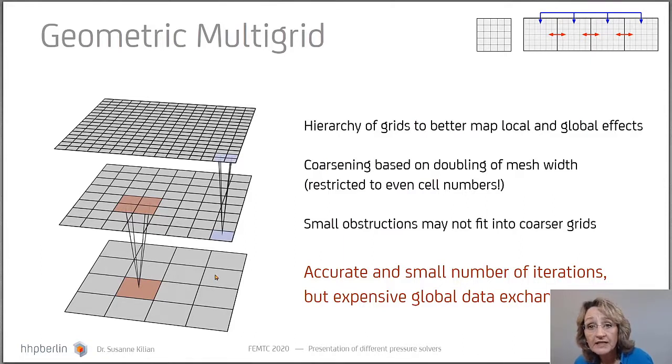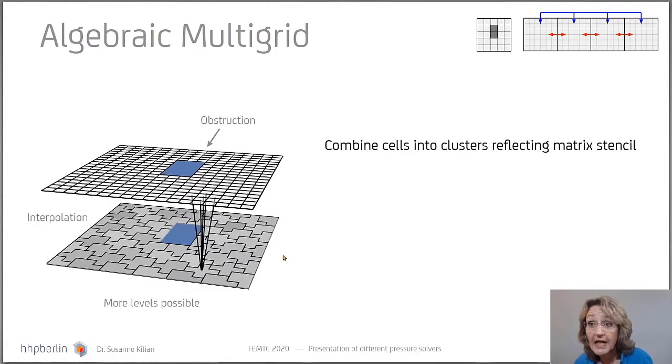In contrast to the geometric variants of this class, which do the coarsening only by doubling the grid size, this approach is more flexible. As you can see here, a collection of fine grid cells is combined to some kind of a cluster, an aggregate.